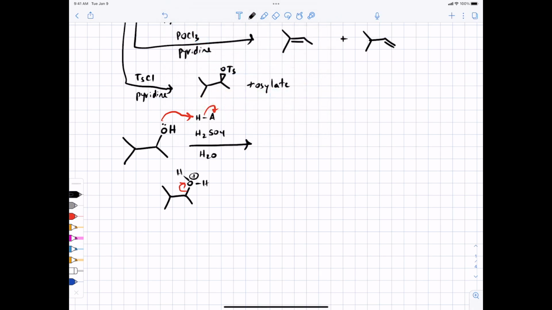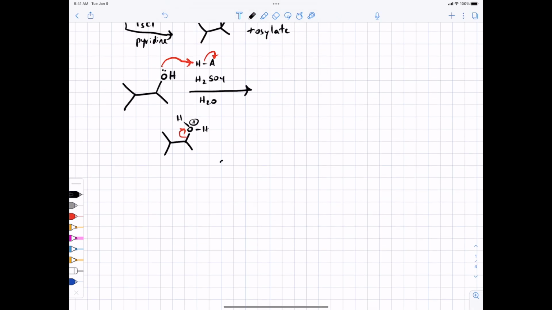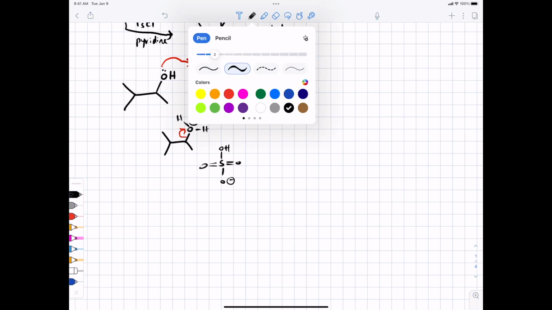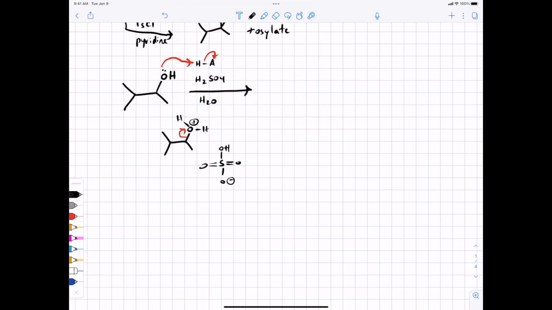And the reason it leaves and nothing else happens is the fact that the conjugate base of H2SO4 is not a good nucleophile. And so the OH leaves, you get a carbocationic intermediate.